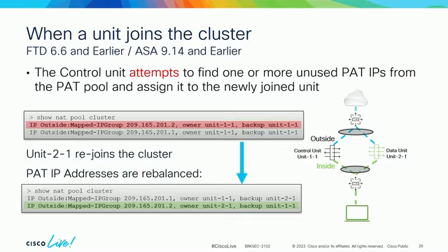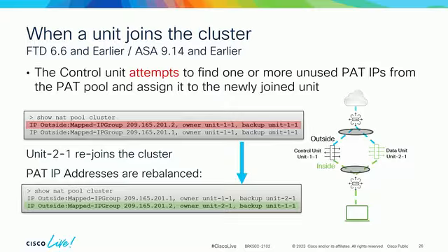And this is when we run into PAT pool address imbalance. And I'm going to be covering this scenario in detail in the troubleshooting walkthrough section. So in a perfect scenario, if there are available IP addresses, then the control unit will assign an IP address to the new unit joining the cluster.